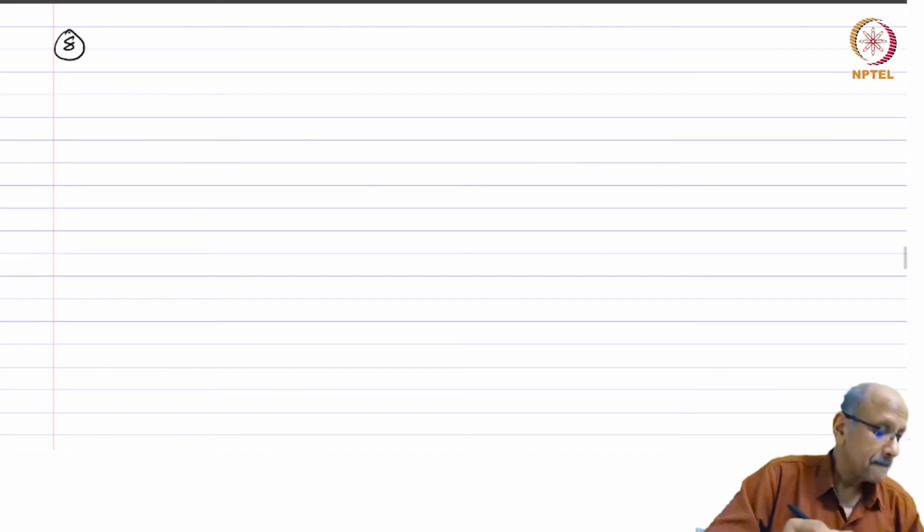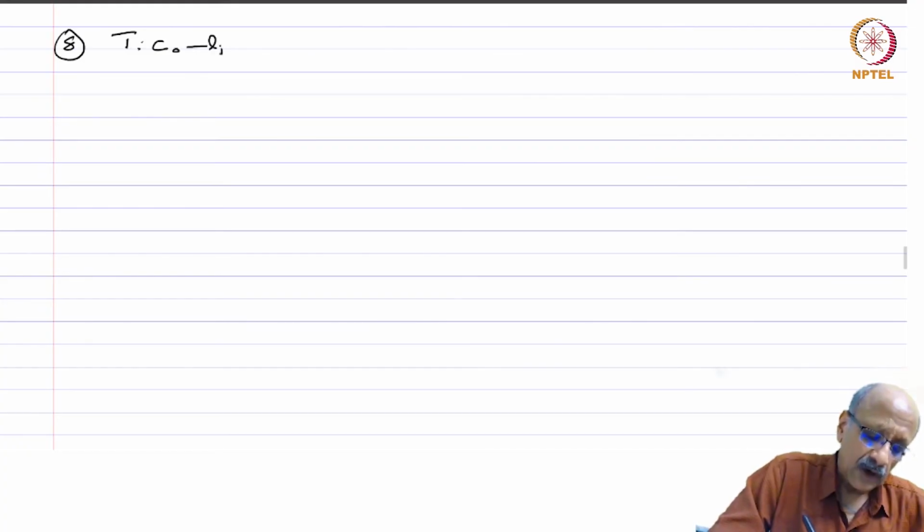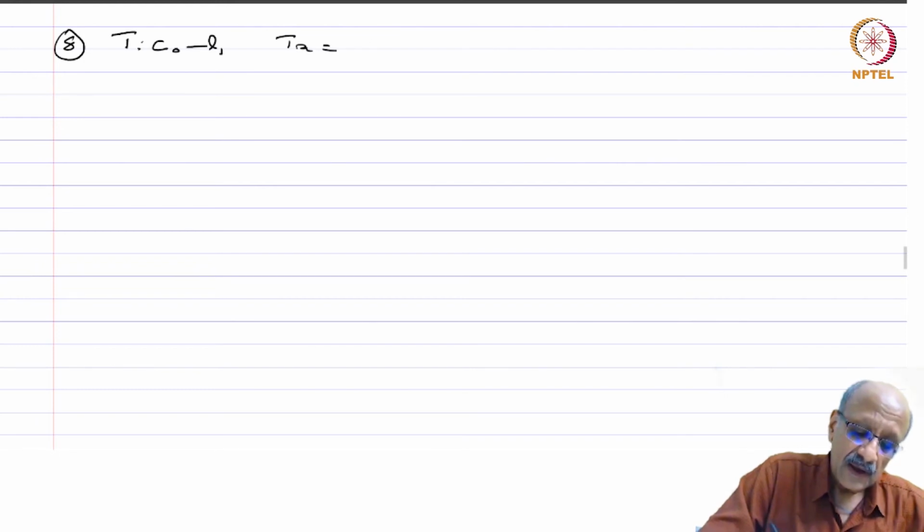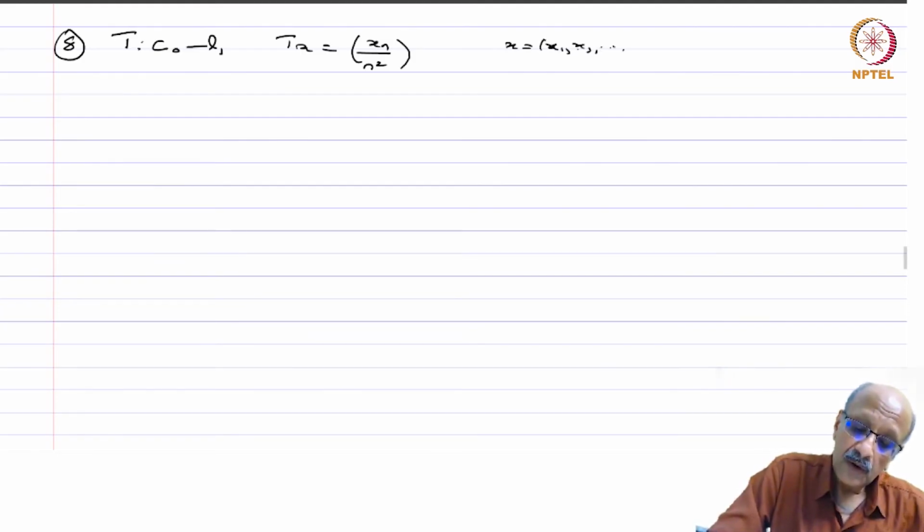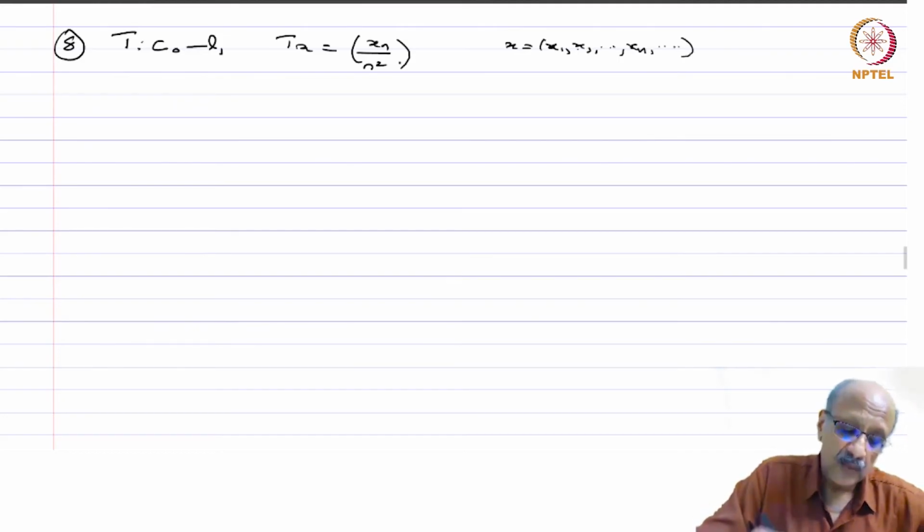Okay, so that is 8. Let T from c0 to L1 be defined by Tx equals (xn/n^2), so x equals (x1, x2, ..., xn, ...). So you take coordinate wise I am going to define.